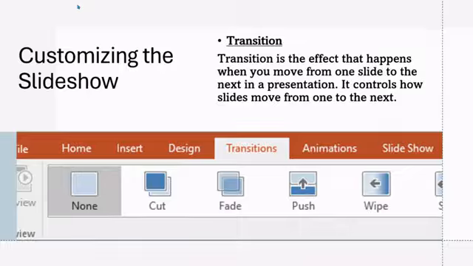Transition is applied to slides, and it controls how you move from one slide to the next, while animation is the effect applied to text, images, or objects that causes them to move, disappear, or appear in a unique way. So please do not confuse these two terms.